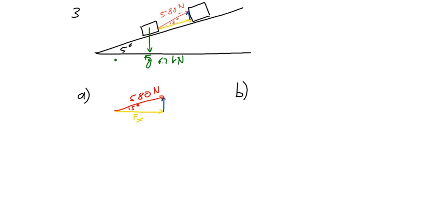Fx is adjacent to my 15 degrees, so it is going to be 580 cos 15 degrees. You will see I don't have a specific formula, I'm using my triangles, using trigonometry.